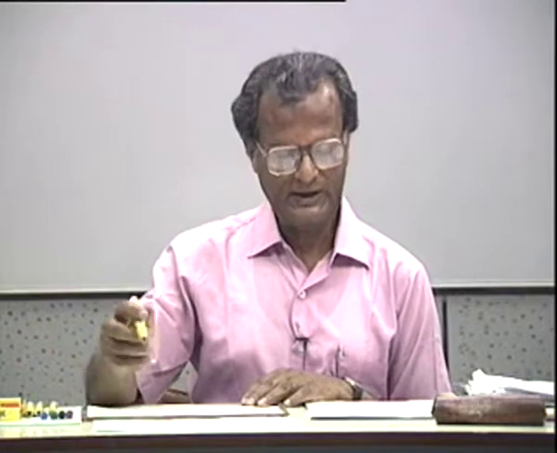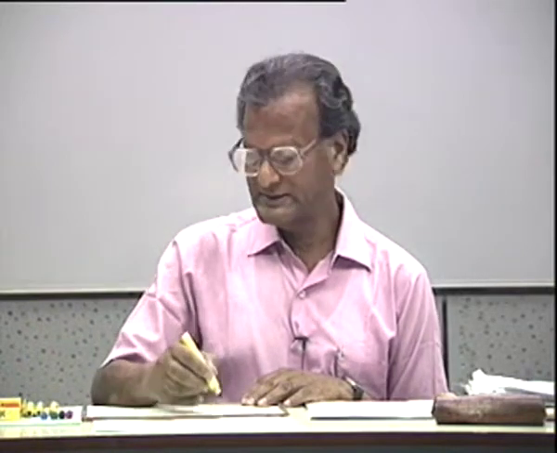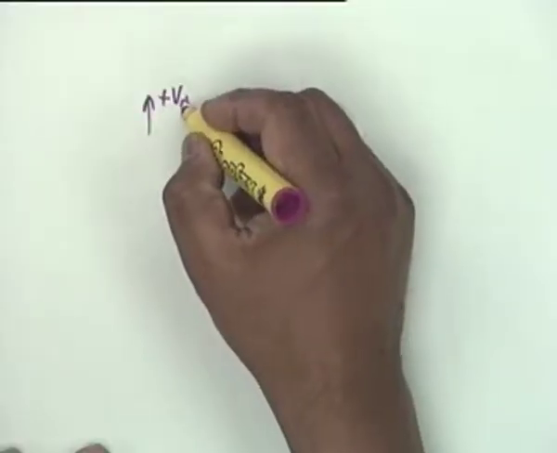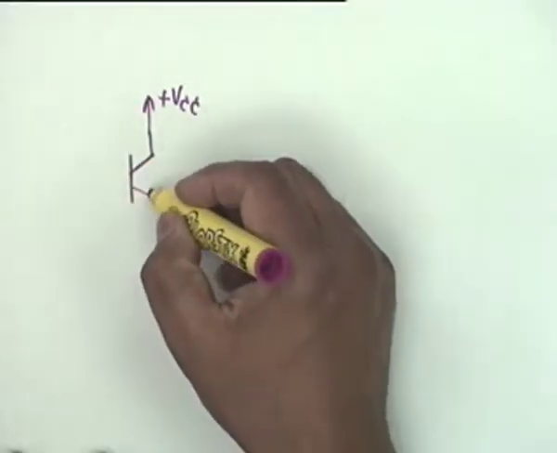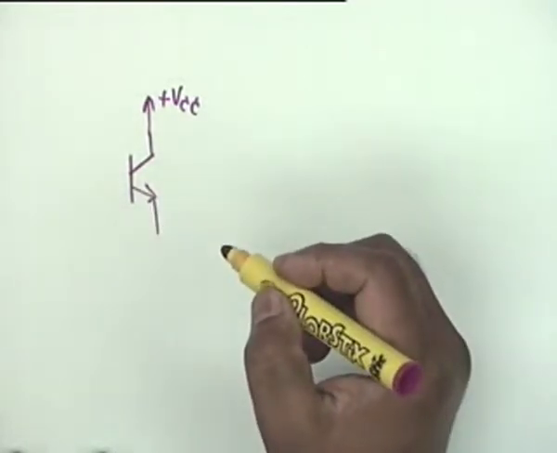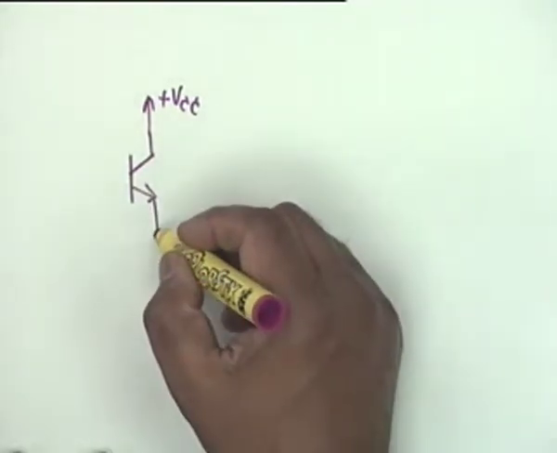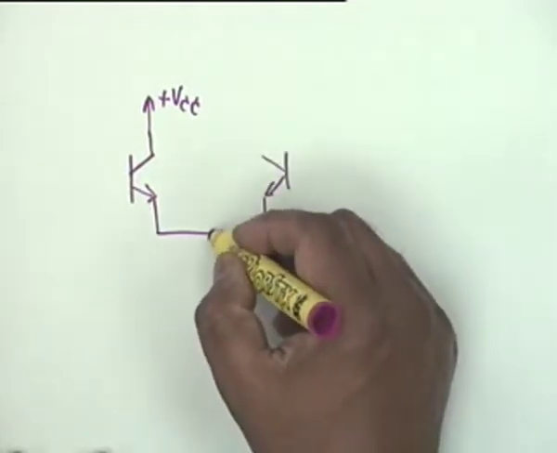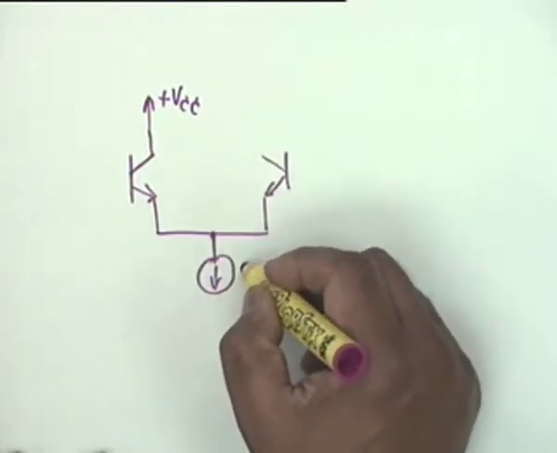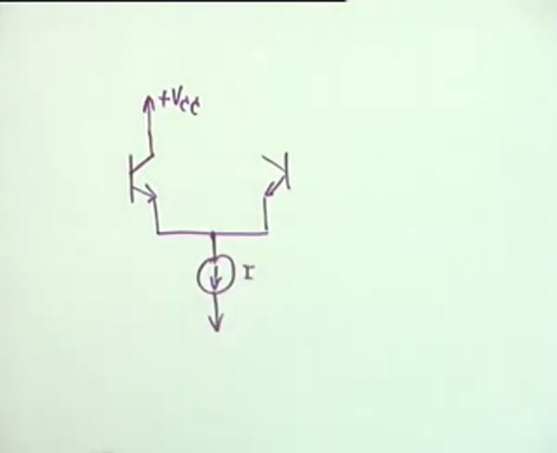The differential pair, as I had drawn last time: the first transistor is without a load. It's a common collector stage coupled to the second transistor through the emitter, and this goes to a constant current source.